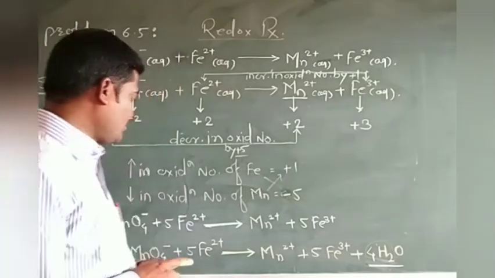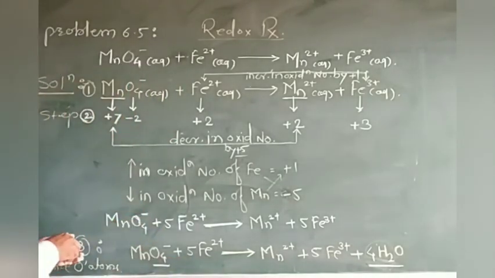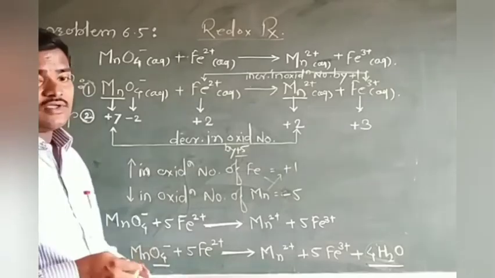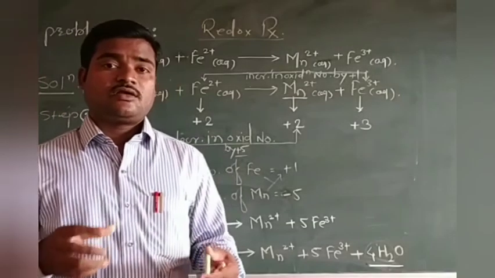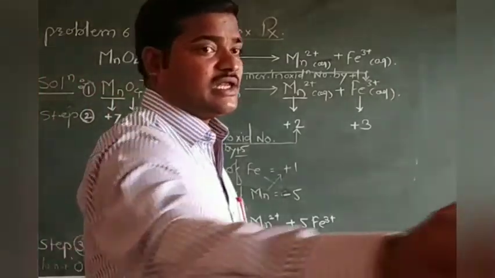So this is very important step number 4. In the next step, we have to add 8 H plus ions at the left hand side of the equation, then after we can say that the given redox reaction is now balanced.